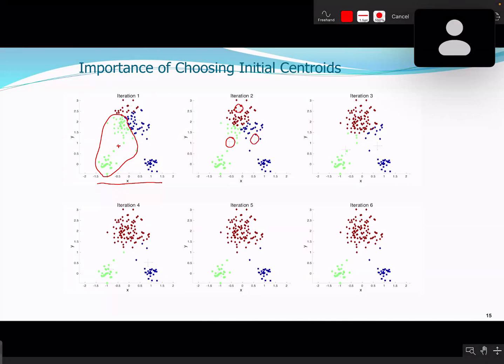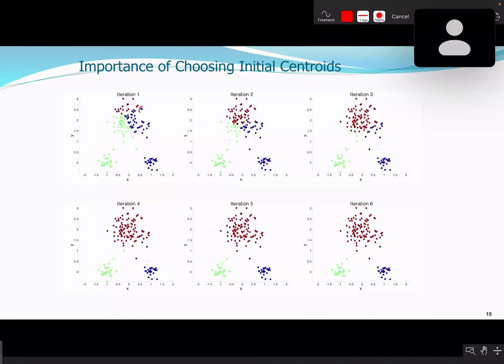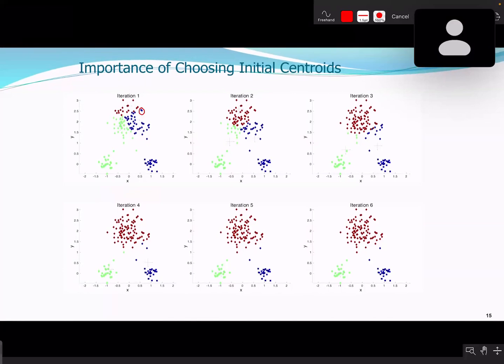And in the second iteration, we again do the same thing. We go through all of the data points and assign the data points to the cluster whose centroid is the closest to it. For example, let's say this point. Now, in the first iteration, it is assigned to the blue cluster.